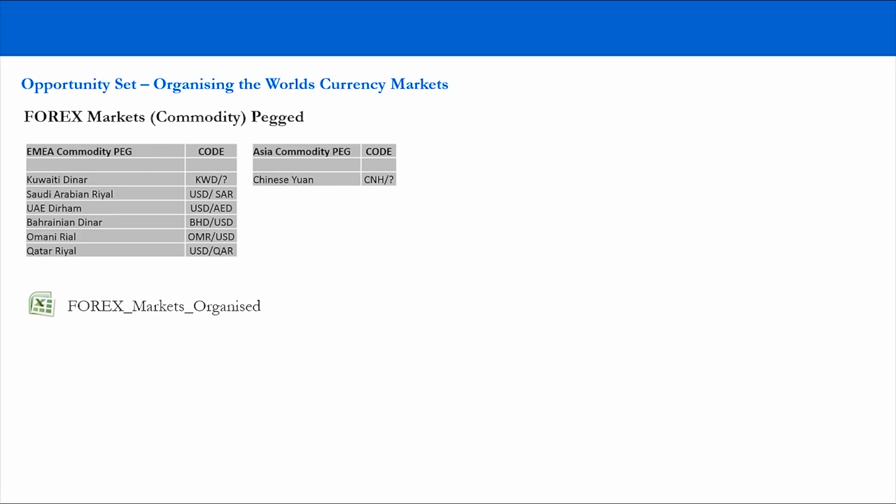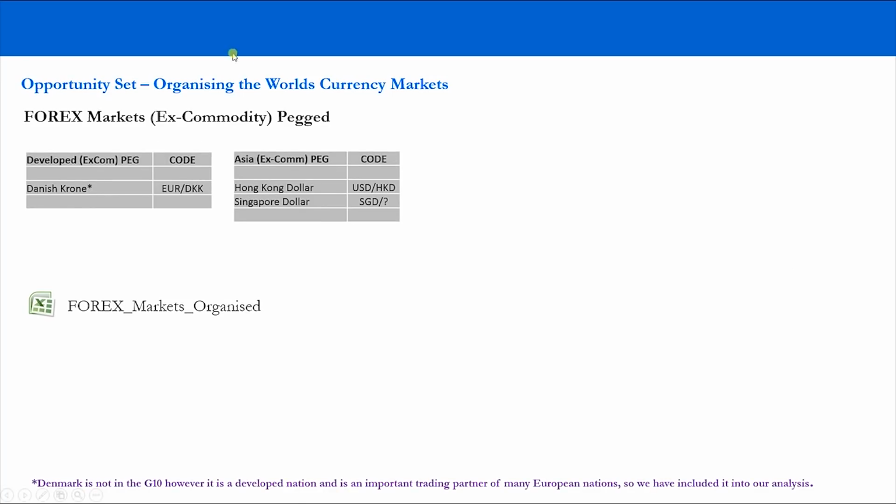Well, it's because the way in which the currency is pegged is not fully 100% aware or understandable. So, for example, with the Singapore dollar, there is a basket of currencies that the Singapore dollar is weighted towards.